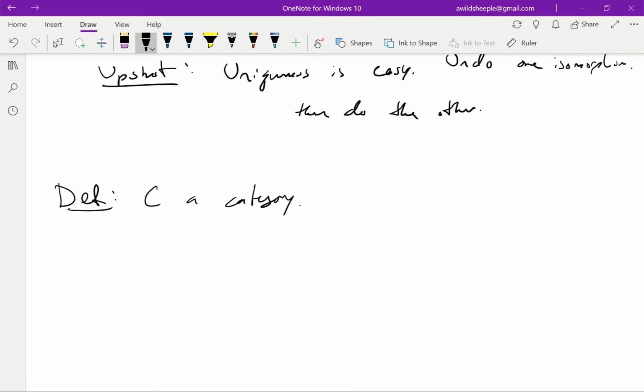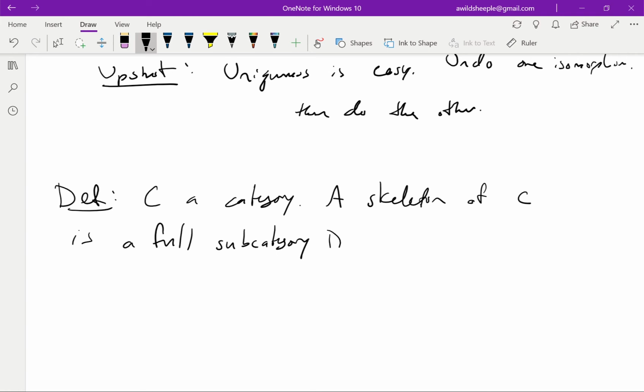And we'll call a skeleton of C a full subcategory, maybe I'll give it a name, D of C, containing a representative of every isomorphism class.